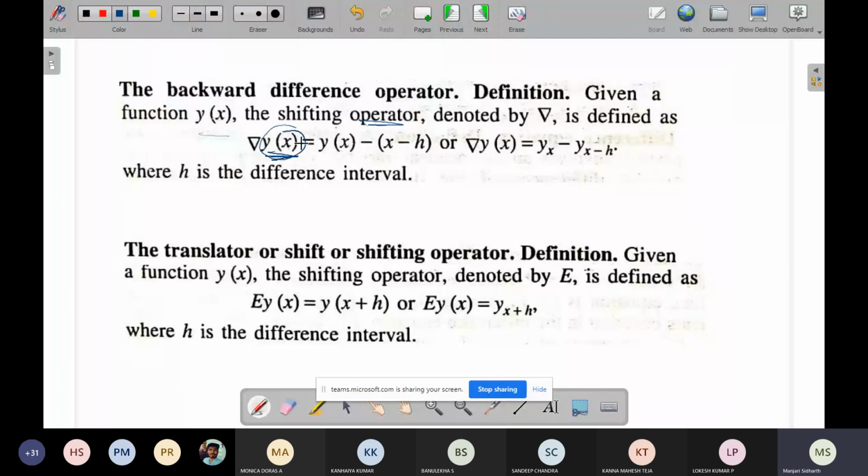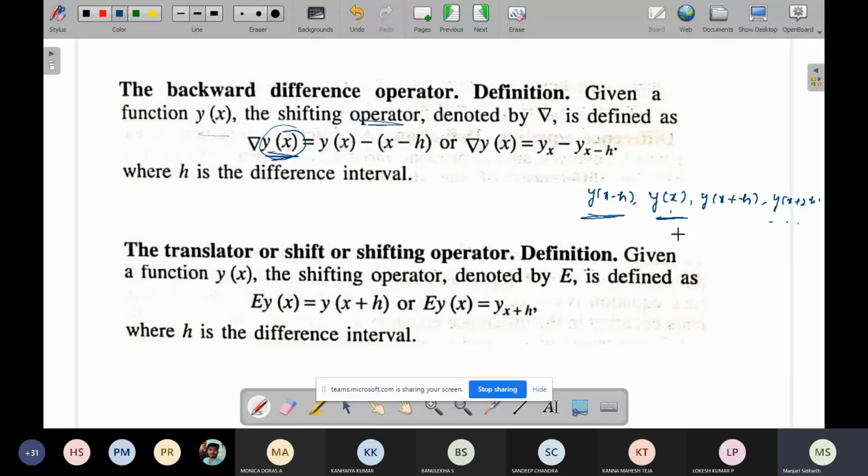Now this is the sequence yx, yx plus h, yx plus 2h. But for backward difference, we need y at x minus h, just one value of y, means the left argument of this.